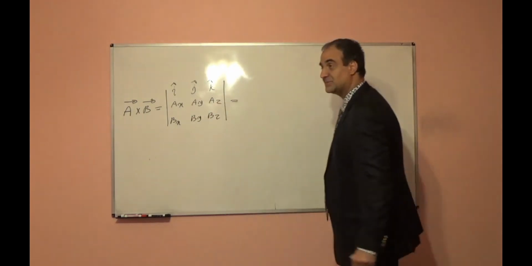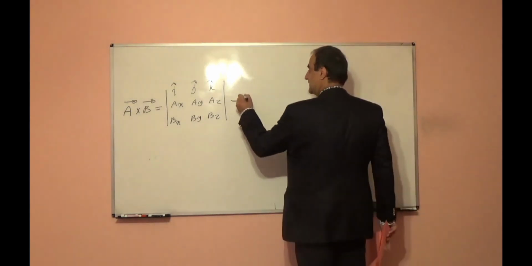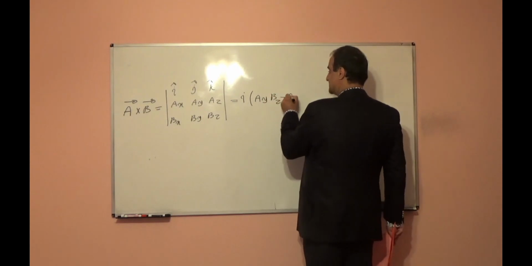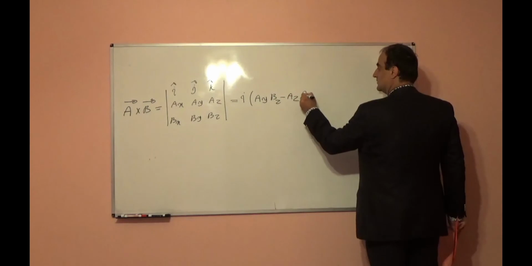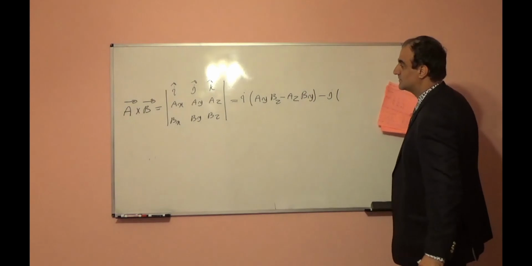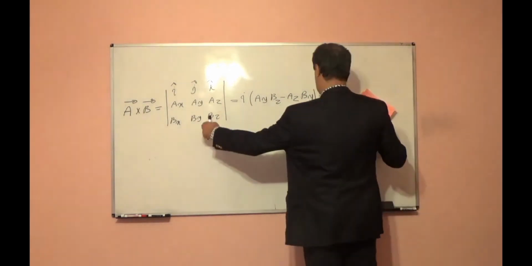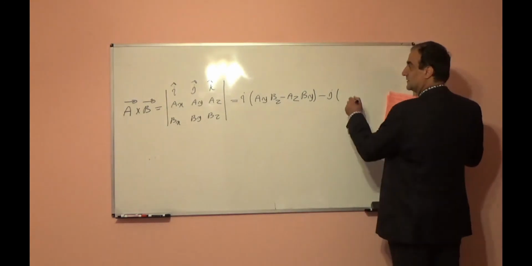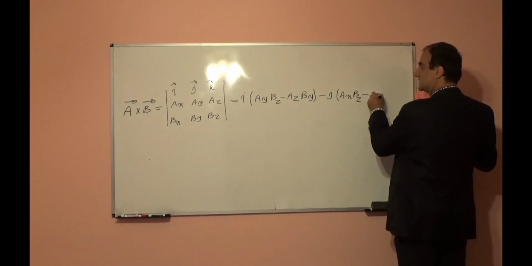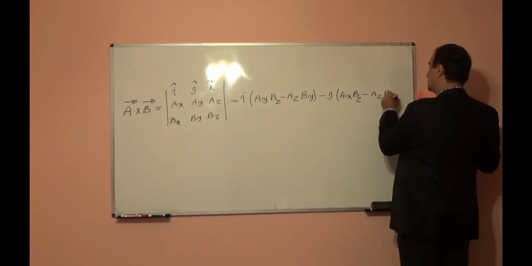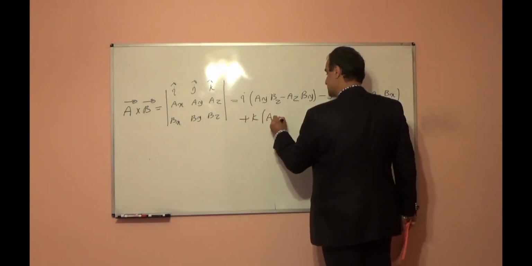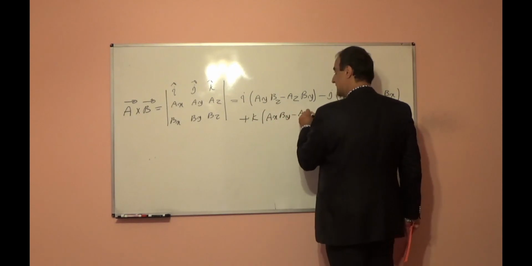If we expand this determinant, it will be i times (AyBz minus AzBy), minus j times (AxBz minus AzBx), plus k times (AxBy minus AyBx). Let's double check that everything is right. Yes.